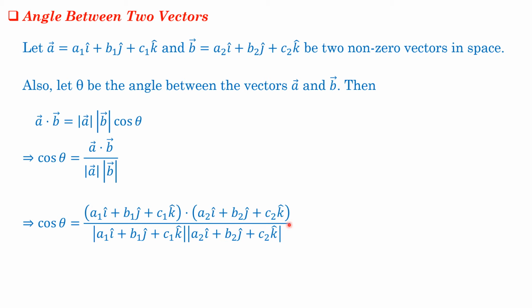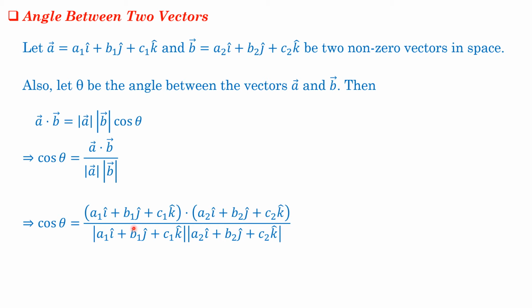Just expand this product. So a1 a2 i dot i is equal to 1, then a1 b2 i dot j will be 0 because i cap and j cap are perpendicular unit vectors. Similarly, a1 c2 i dot k is also 0.